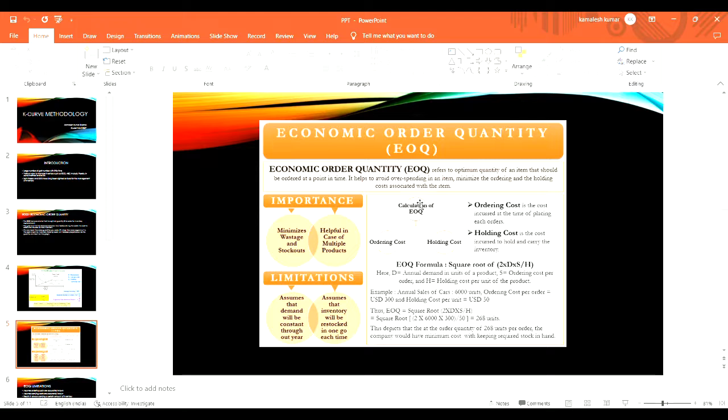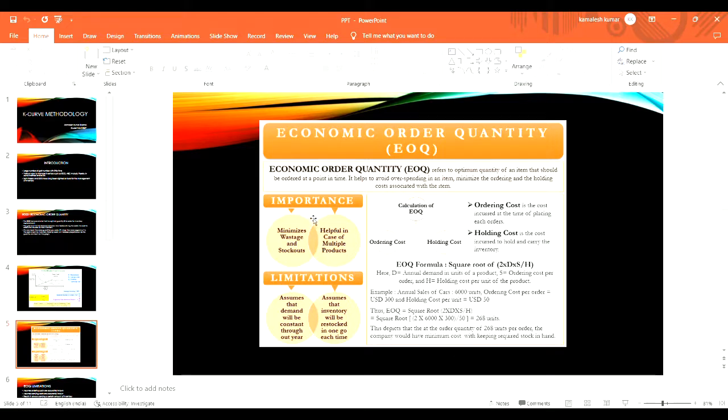EOQ consists of two parts: ordering cost, which is the cost incurred at the time of placing each order, and holding cost, which is the cost incurred to hold and carry the inventory. So this is the formula for the EOQ, and this is a small example for better understanding.